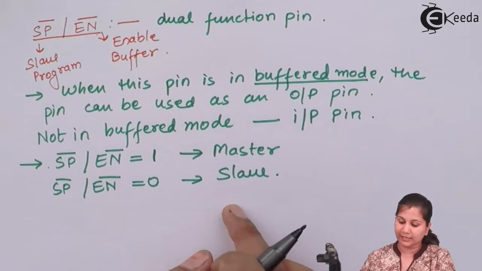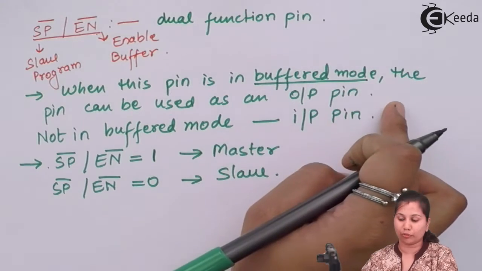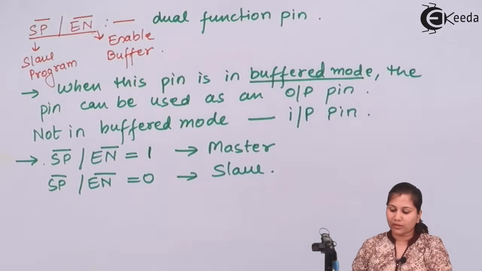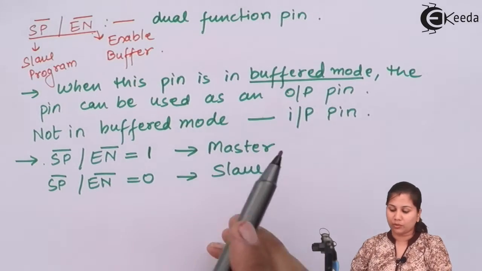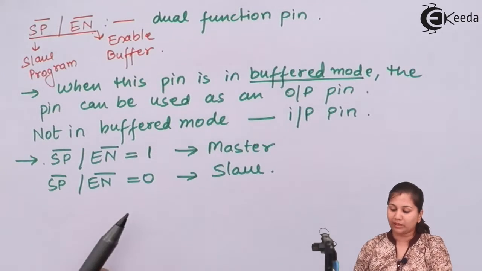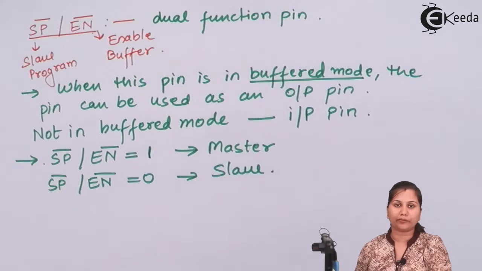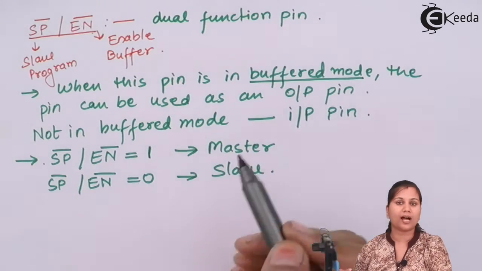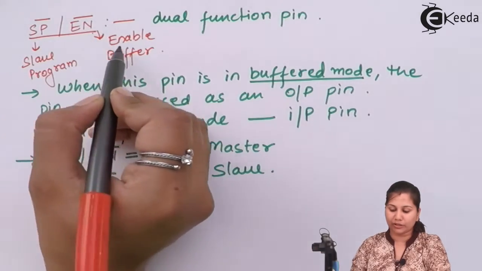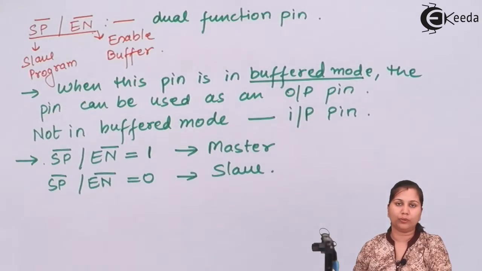And when this pin is used in the buffered mode, it is used to enable the data bus buffer, so that the communication between the microprocessor and 8259 can take place. Now when the 8259 is working in the buffered mode, this pin is used as the output pin, which means the enable buffer function is going to work.